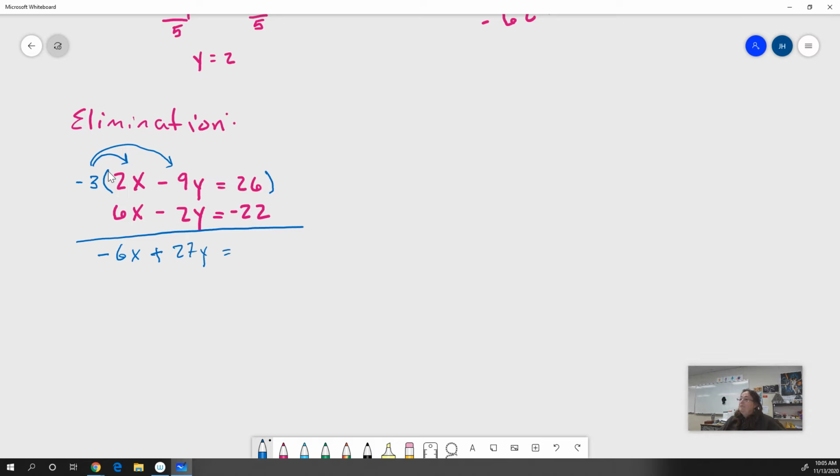And then -3 times 26, let's see, 25 times 3 is 75, plus 3 gives me -78. Now, I didn't do anything to this bottom equation. I'm just going to leave it as it is, but I'm going to rewrite it under here just so I have it all lined up.